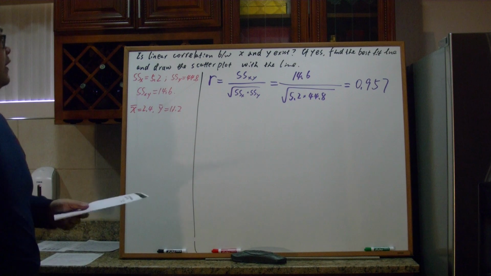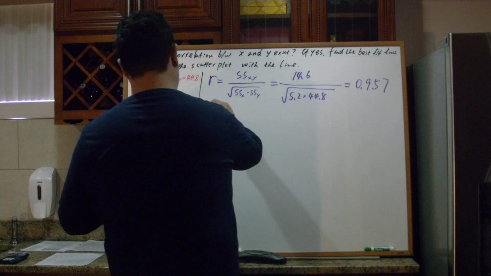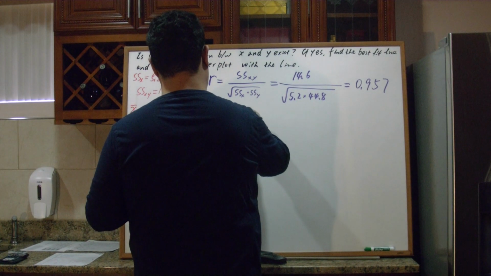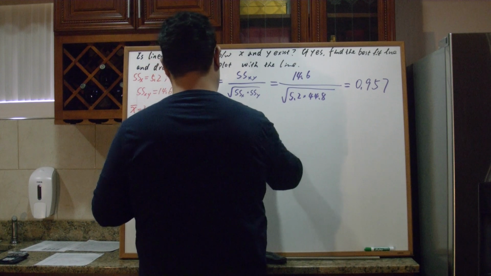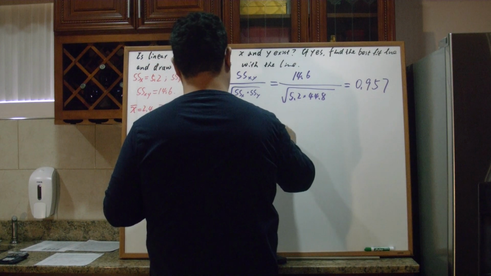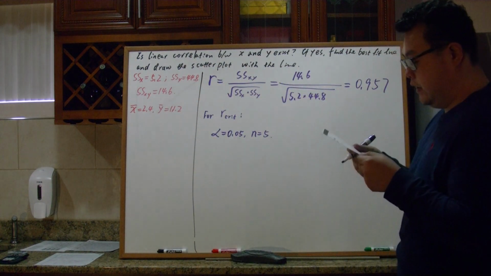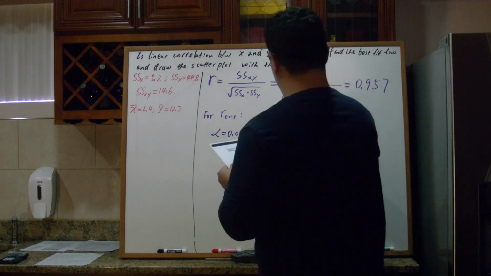We had 5 points. So when we use the table A5 for critical R value, alpha is 5%, n is 5 in our case. Therefore, the critical R value, using the row and the column, is 0.878.